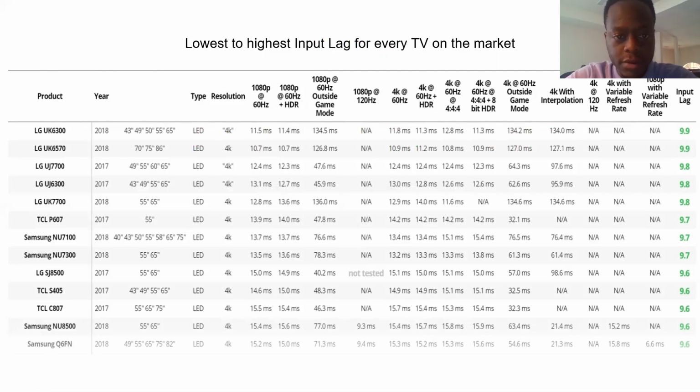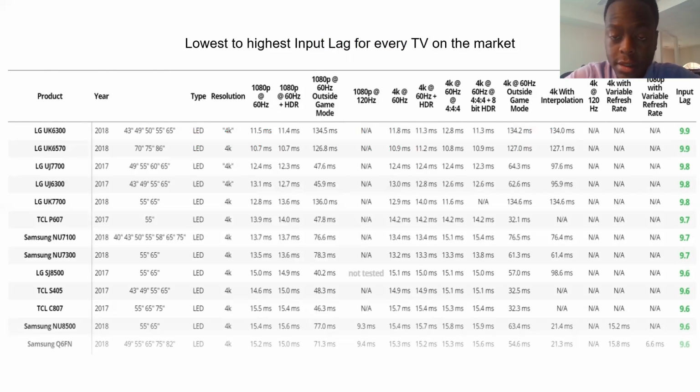This chart, if you can take a look at the 1080p at 60 hertz column, shows that the LG UK 6300 has the lowest input lag of all televisions on the market. And this chart is showing the input lag of all televisions.